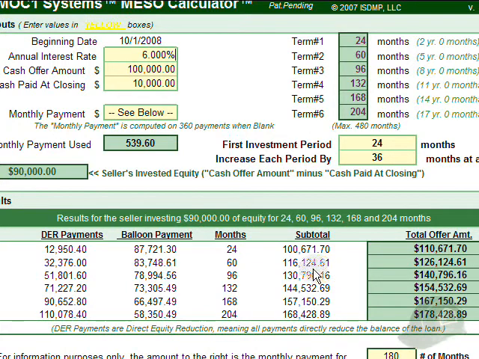One of the provisions that can be put in if you are the seller of the property is to state that if for any reason they want to refinance the property or whatever, then this total amount has to be paid. As buyer of the property, though, we would not put that provision in.